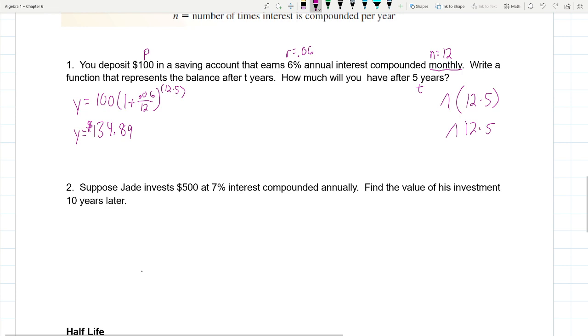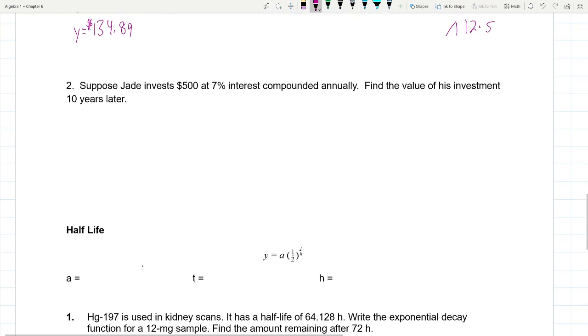All right. Okay, suppose Jade invests $500 at 7% interest compounded annually. Find the value of this investment 10 years later. Reading through this, I need to find my principal. Okay, 500 is my principal. My rate is really 0.07. Compounded annually tells me that my n equals 1, because it's happening once a year.